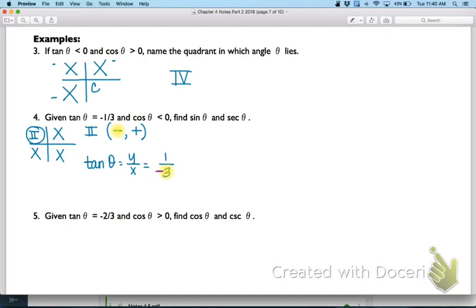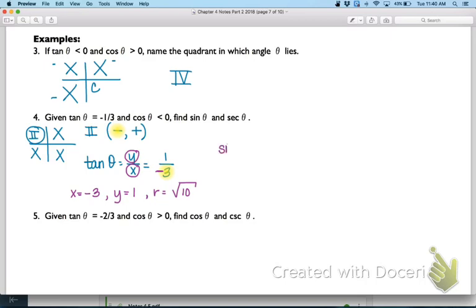We know negative 1/3 is negative 1/3 no matter where you put the negative, but when we're breaking this apart into individually what is y and what is x, the sign matters. So now we know that x is equal to negative 3, y is equal to positive 1, and r is going to be equal to the square root of negative 3 squared plus 1 squared, so you'll get the square root of 10.